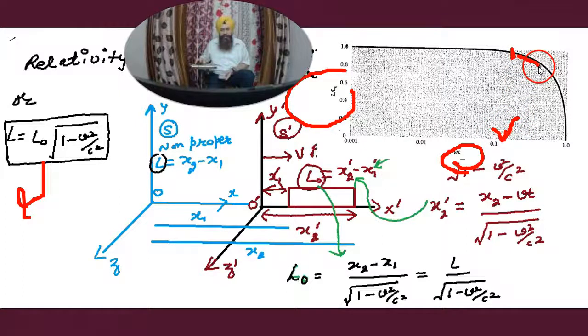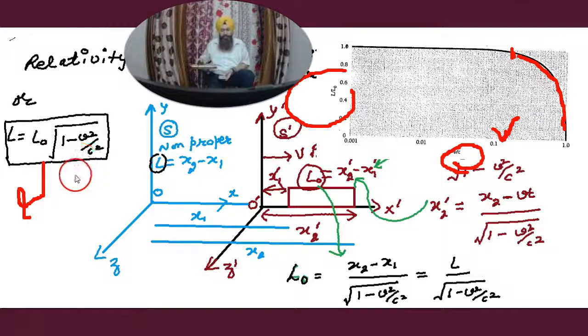Then contraction comes, and the contraction increases. The length keeps contracting. And if V becomes equal to C, what happens? If V equals C, 1 minus 1 equals 0, and the square root of 0 is what?